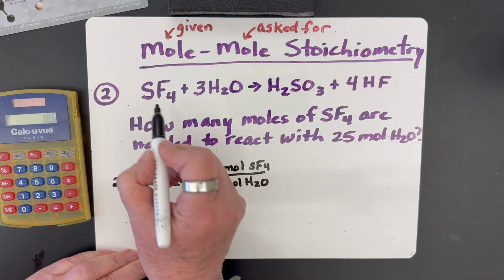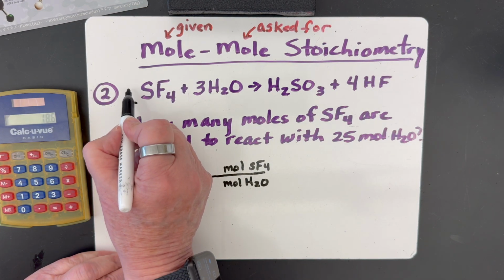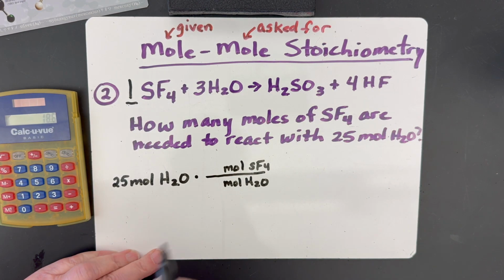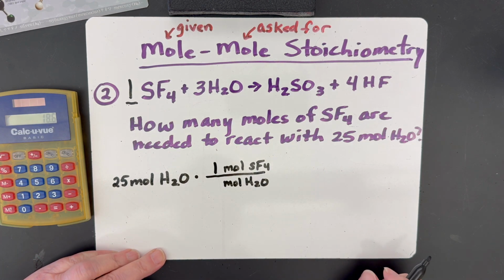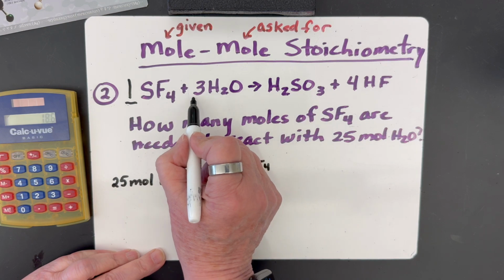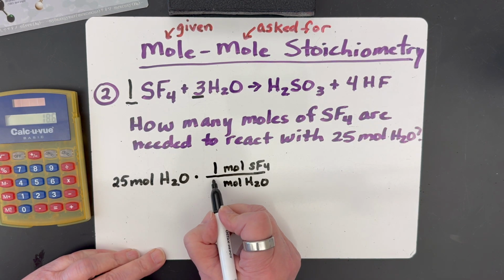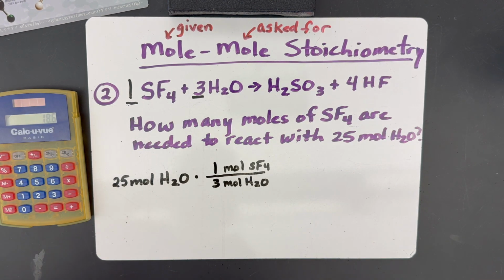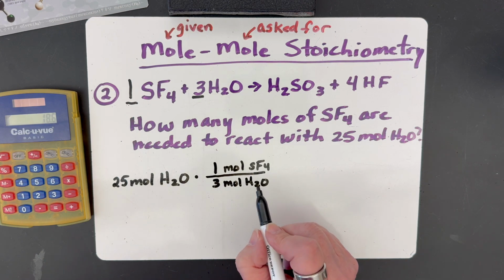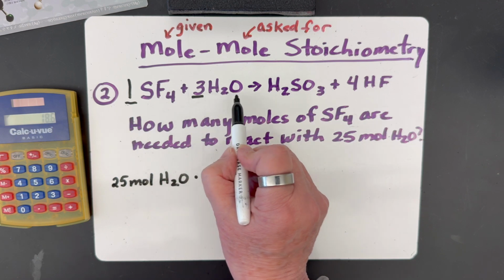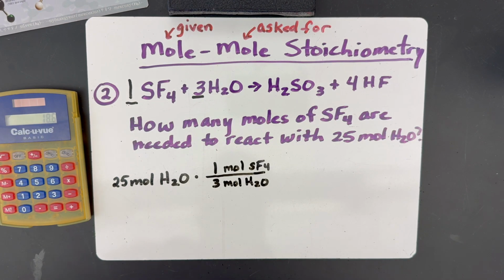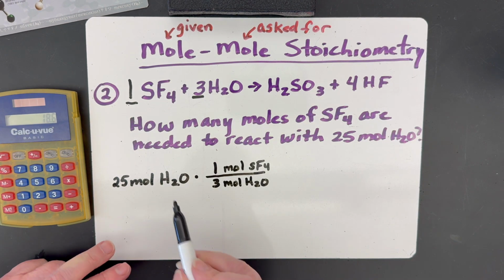So SF4, if we go here, there's nothing. Well, nothing means a 1. So we're going to put a 1 in front of our moles of SF4. And then in front of water, we have a 3. So for every 1 mole of SF4, it requires 3 moles of water to react with it. That's what our mole ratio tells us.